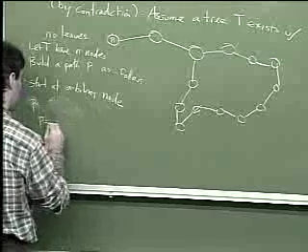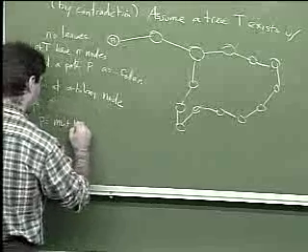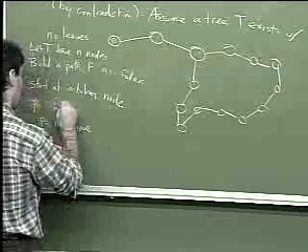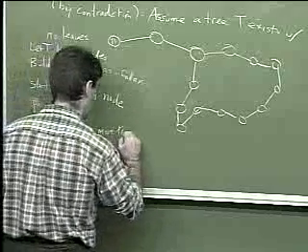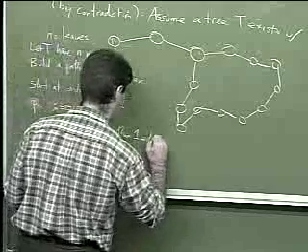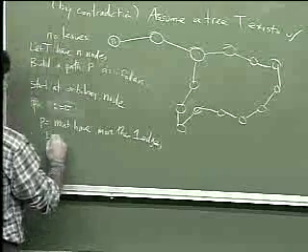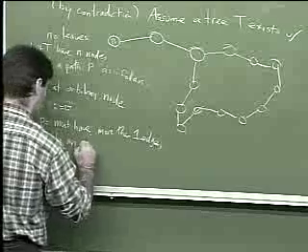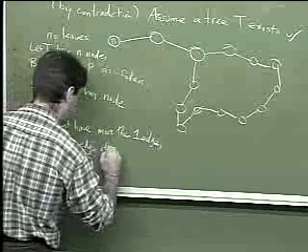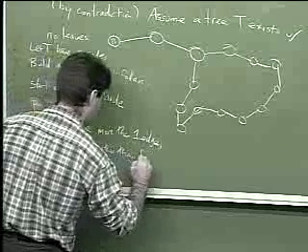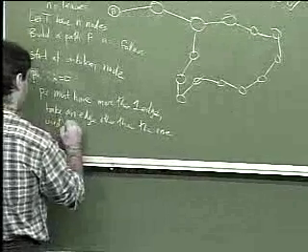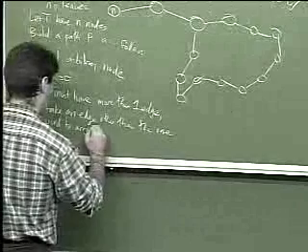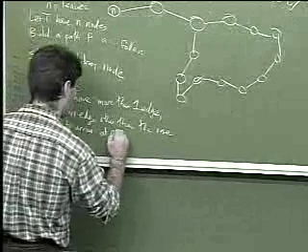Then for P sub i, let's say i equals 0, P sub i must have more than one edge. Take an edge other than the one used to arrive at P sub i.